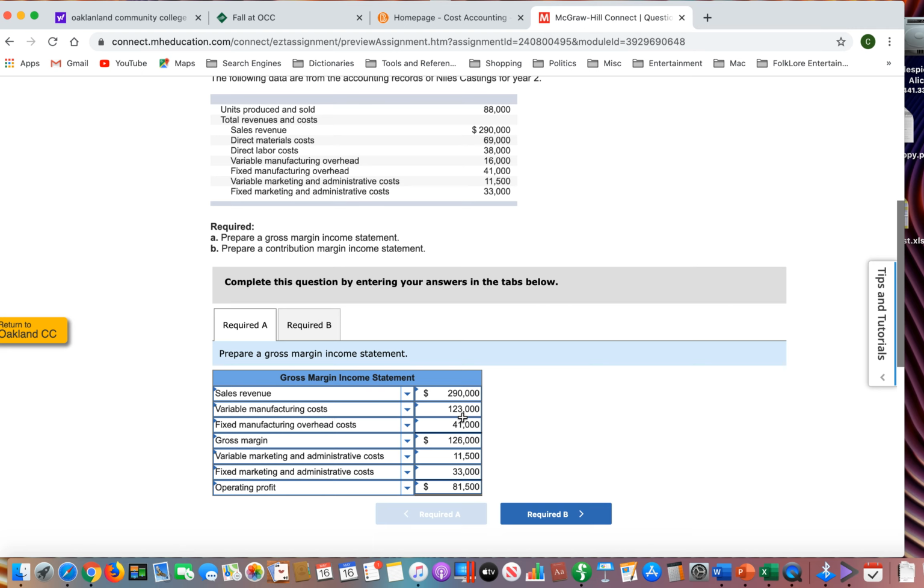And then add them together and subtract it from the sales, you get the gross margin. Then you got your administrative costs. This is what you learned in 1810. Okay? Or at least the concept. Sales minus cost of goods sold. And cost of goods sold is the variable manufacturing overhead plus the fixed.